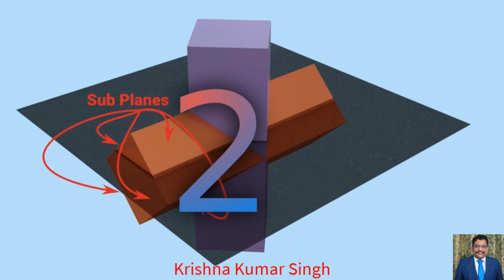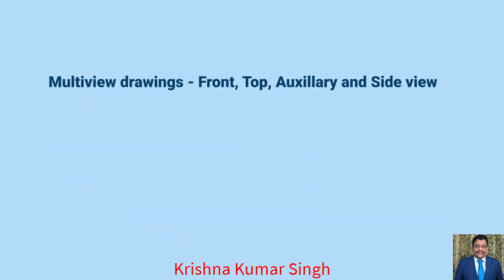There are some important points that everyone needs to know while drawing intersection of solids, and they are: intersections can be obtained by multi-view drawing like front, top, auxiliary and side views too. The line of intersection can be obtained using auxiliary views and cutting planes.